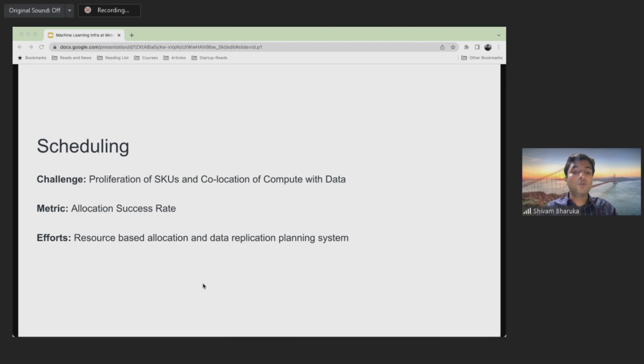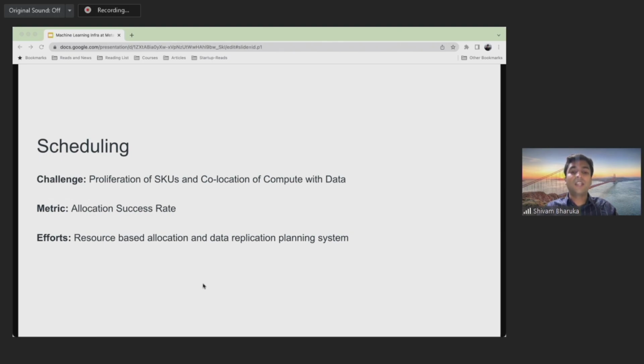The metric we use to monitor the scheduling success rate is the allocation success rate itself. And we have designed our systems to accommodate different challenges which come with scheduling. The first one is resource-based allocation.